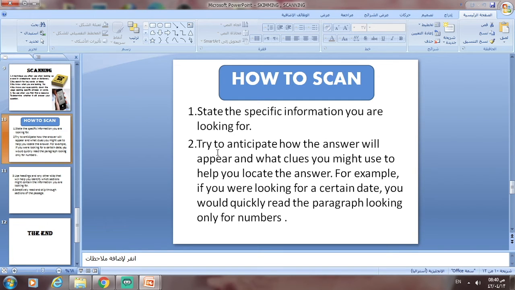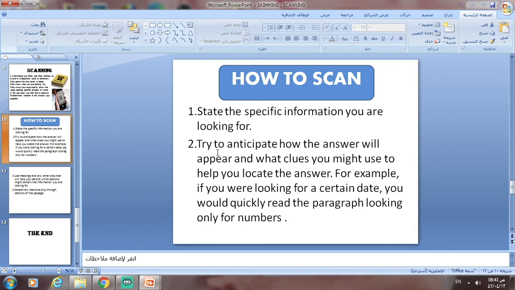So how to scan? Here are techniques that will teach us how to scan. First of all, you have to state the specific information you are looking for. For example, I am looking for the phenomenon of divorce.